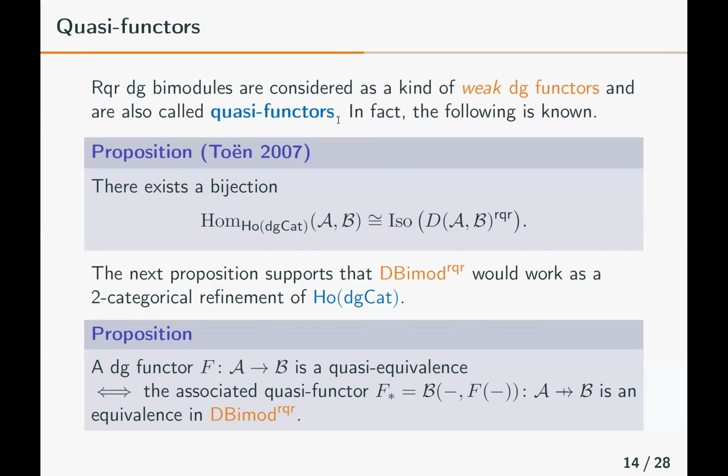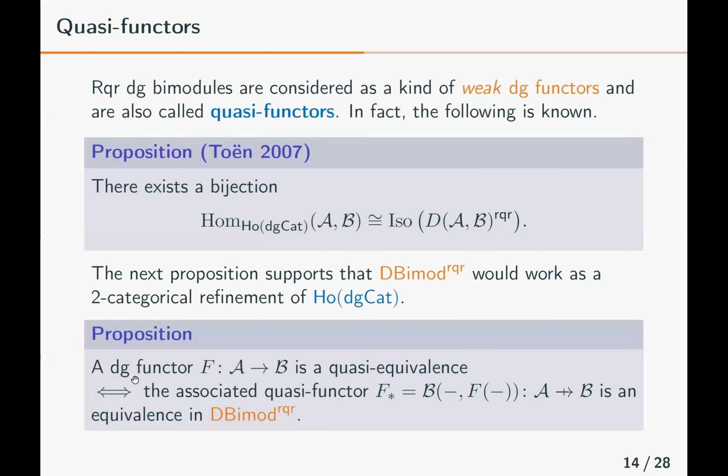In fact, there is a precise result proved by Toën, namely, the isomorphism classes of right quasi-representable DG bimodules are in bijection with morphisms in the homotopy category of DG categories.